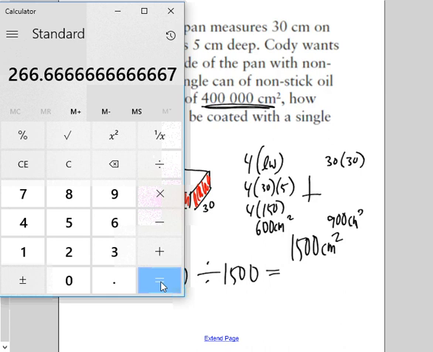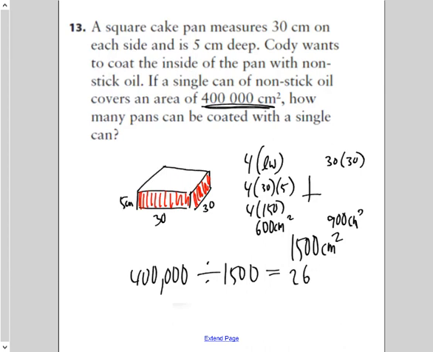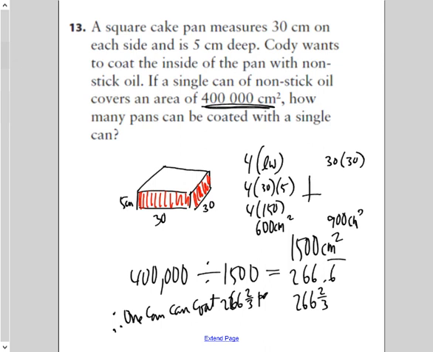Is that right? Okay. Therefore, 266 2/3. So therefore, one can coats 266 and 2/3 pans. Almost 267 pans it can coat.